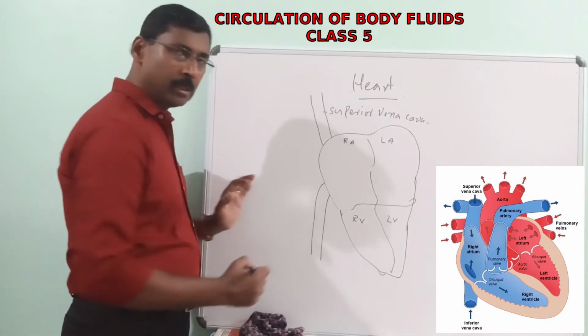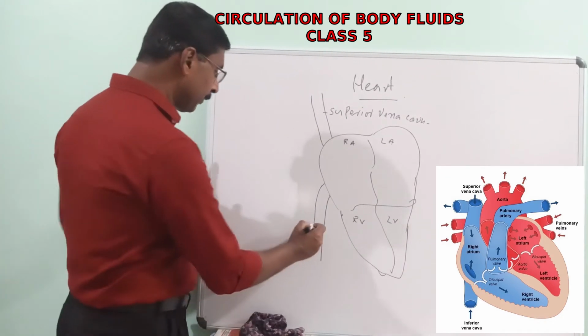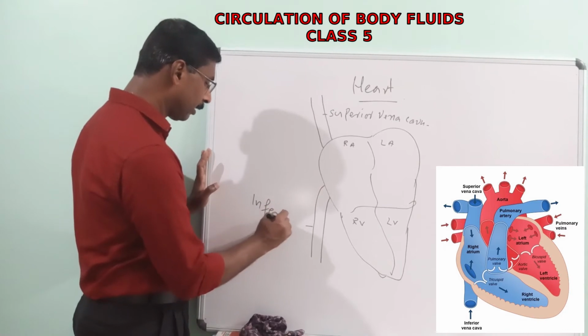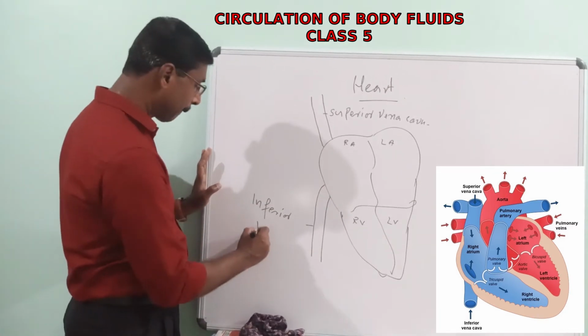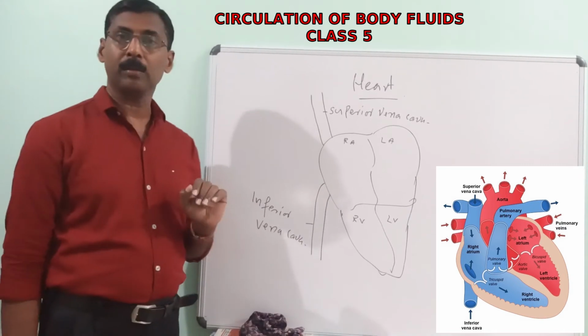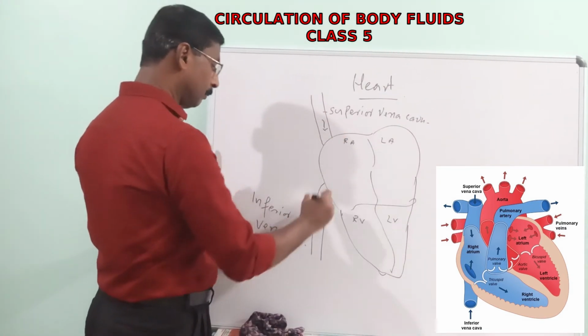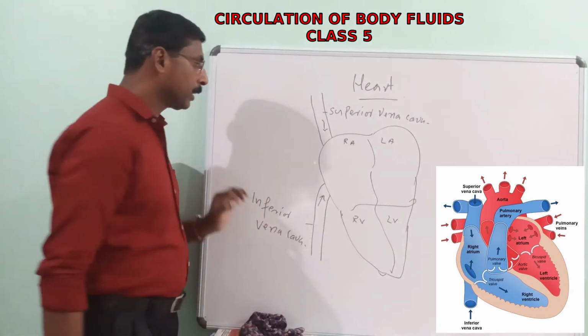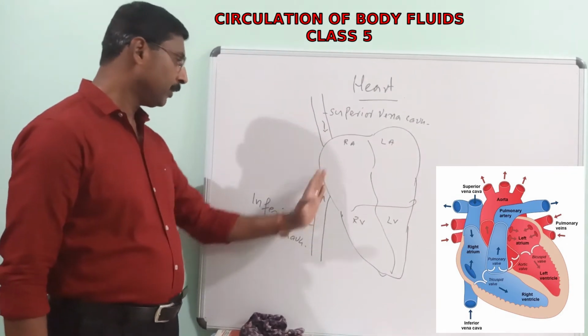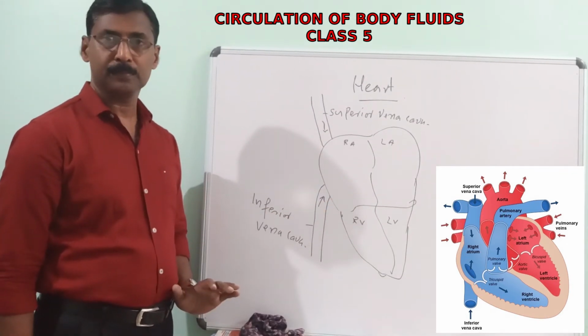This also carries deoxygenated blood, and that is called the inferior vena cava. So blood gets filled in the right atrium through the superior vena cava and inferior vena cava.